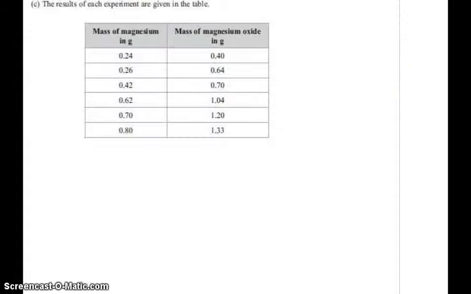Okay, now in the next question we're given some results, and we're asked to plot the results. So you can see we have mass of magnesium in grams, and mass of magnesium oxide in grams. This is continuous data, so it is going to be on a line graph, and you're asked to draw a line of best fit through it.